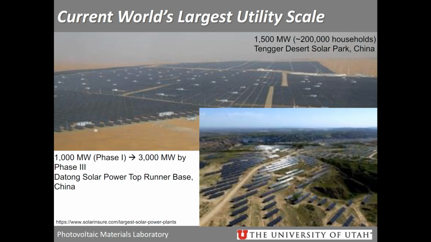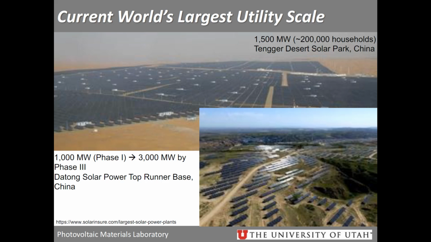Speaking of uses, China is currently at the forefront of all of this. These are the two major large-scale utility power plants that China currently has for solar energy. One is the Tengger Desert Solar Park, which has the capability to produce up to 1500 megawatts of power.